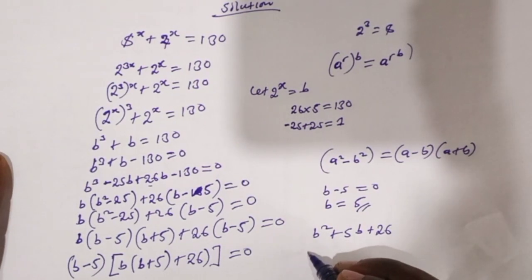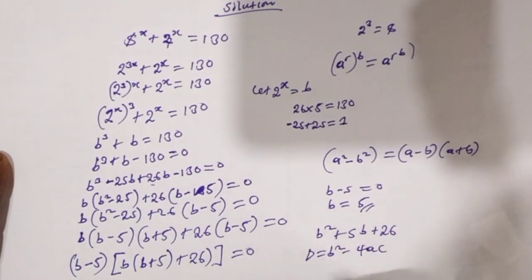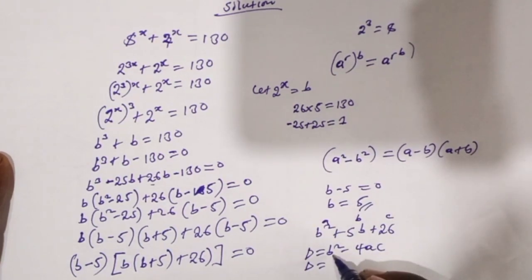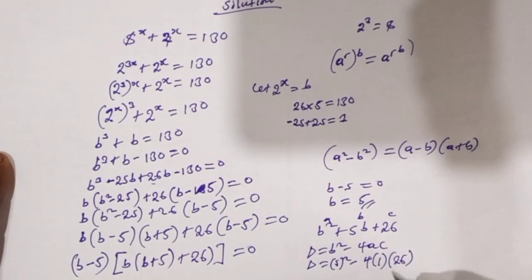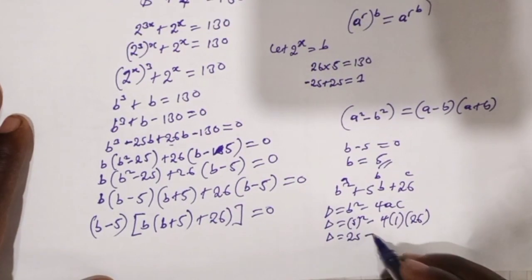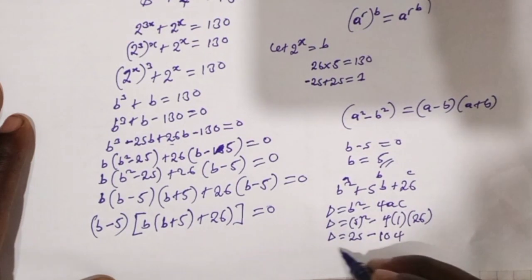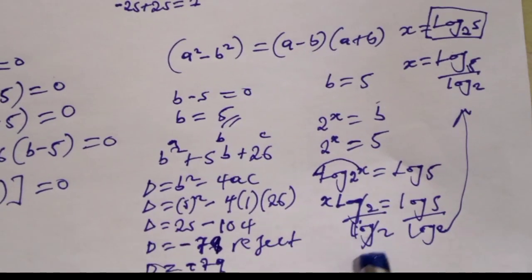D equals b squared minus 4ac. Here b is 5, a is 1, and c is 26. So 5 squared is 25, minus 4 times 26, which is 104. So 25 minus 104 is negative 79.